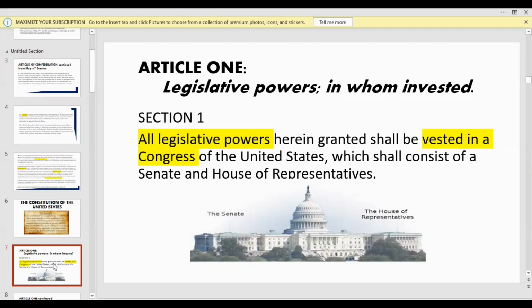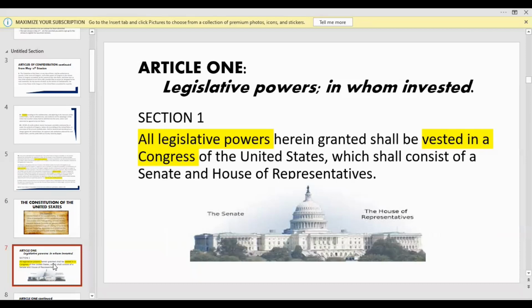The key here is, and this is the beginning of the concept of separation of powers, Article 1 officers can't be told to do anything by Article 2 officers, and vice versa. In other words, the officers of one branch of the government do not have authority over the officers in the other branches. So this is the beginning of your separation of powers, which is so important here in the United States.